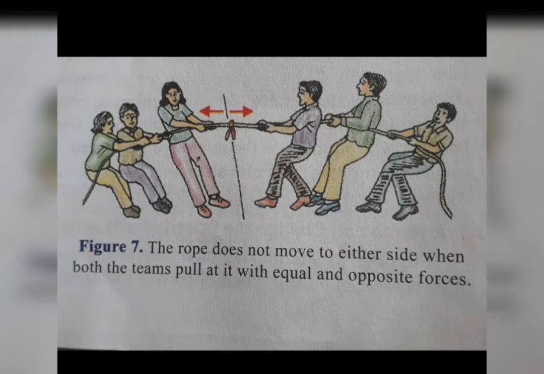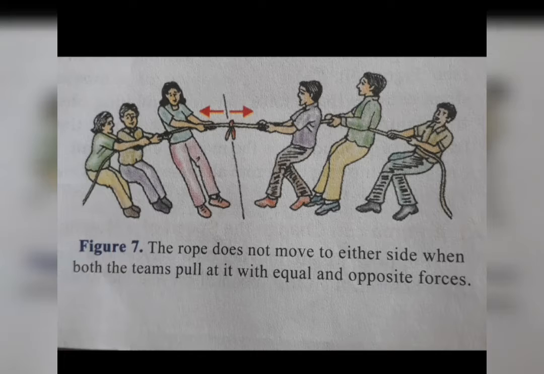Now, since the net force is zero, do you think that the object moves? No, the object does not move at all because the overall force is zero. It remains in the same position.